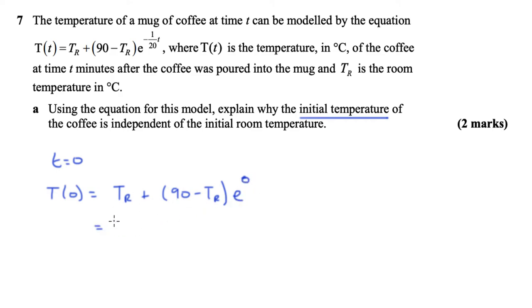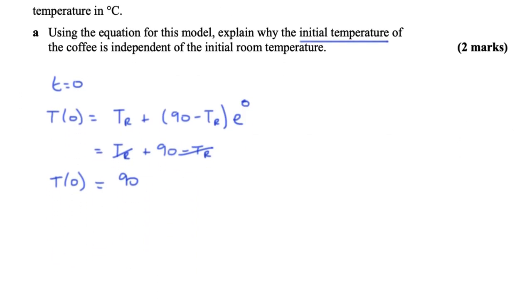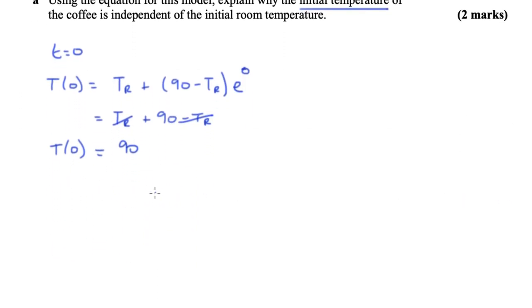So this will end up just being TR plus 90 minus TR, because we're timesing this by 0. And if you notice, the TR's cancel. So the initial temperature, T0, will always just be 90. That's the moment the coffee's poured out, the temperature of the coffee will be 90.